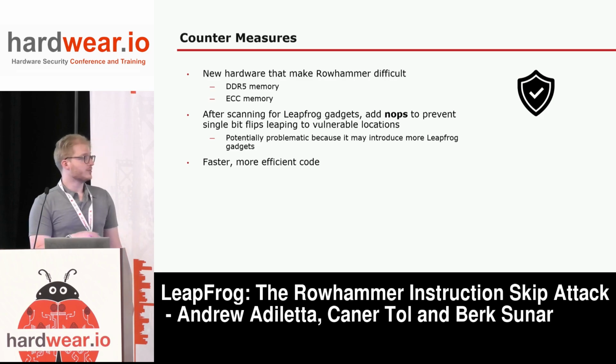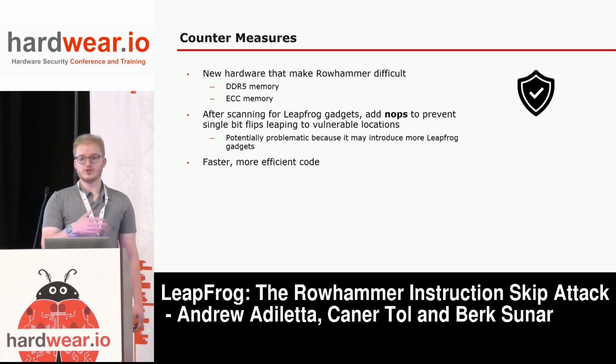It's problematic, though, because once you add that no-op and it reshuffles all the addresses, it introduces a whole new set of LeapFrog gadgets, so it's not a great way of solving it. The last countermeasure would be faster, more efficient code, since those attack windows are really small. But that's not always practical, so it's a really tough attack to prevent.